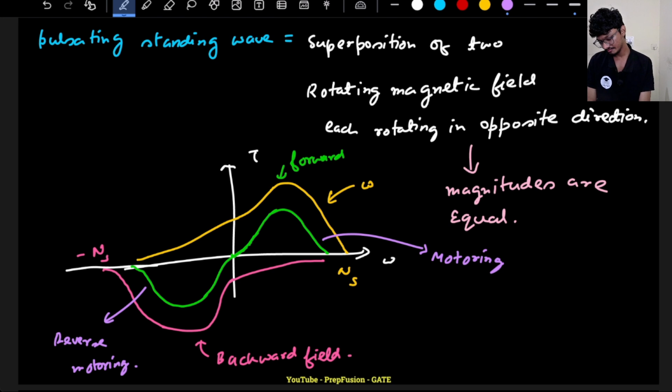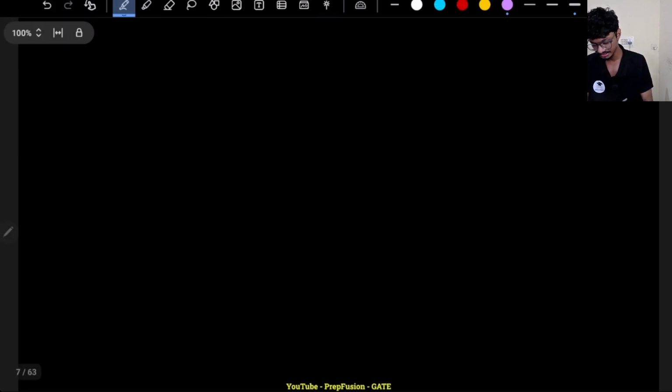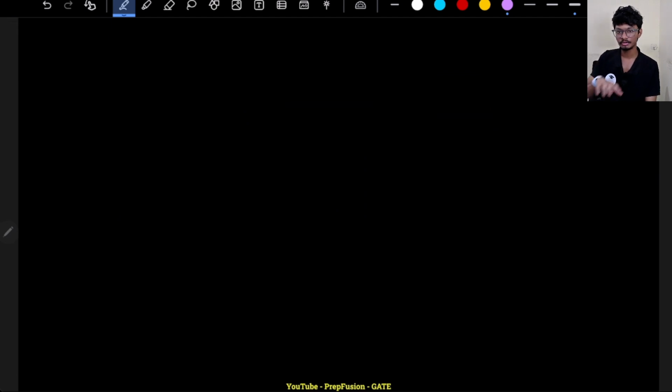So let's say this is my operating region. Now let's start a discussion if my motor is in the operating region. So let's assume that the motor is rotating in the clockwise direction, right?